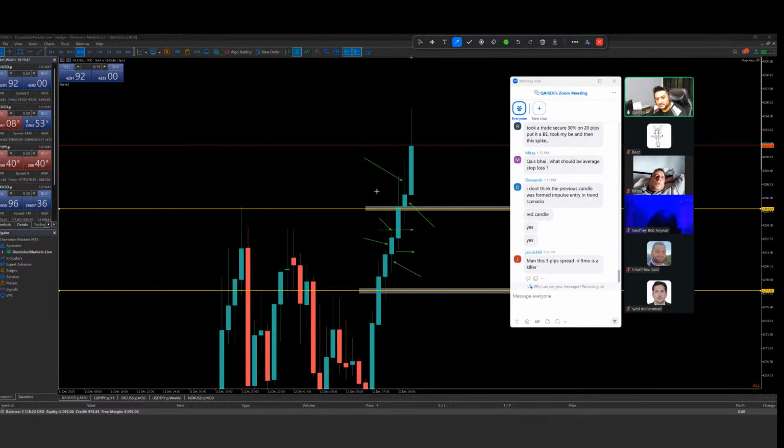Stop loss was here. But here the candle closed with a long rejection wick and a small body, but towards the downside, the body size is smaller and the wick is bigger. So it's a rejection from the upside, not from the downside. This was not a good impulse entry, to be honest. That's why I tried to avoid it.